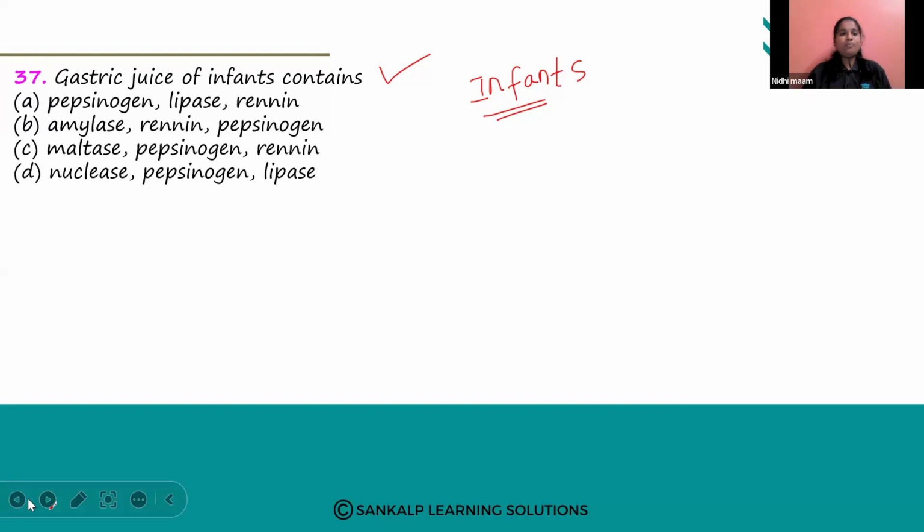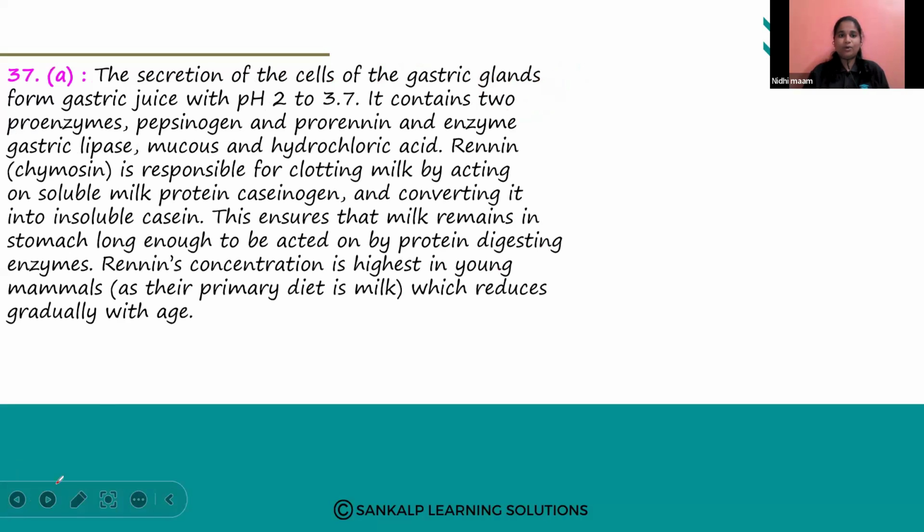In option A we have pepsinogen to digest protein, lipase to digest lipids, and renin, a milk protein enzyme. If you read this content, upcoming questions will be easy for you. What is the pH of gastric juice? pH 2 to 3.7, which means it is acidic.